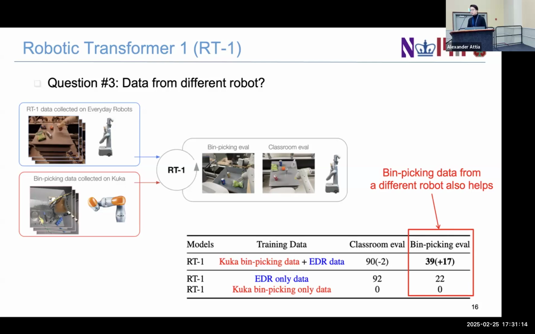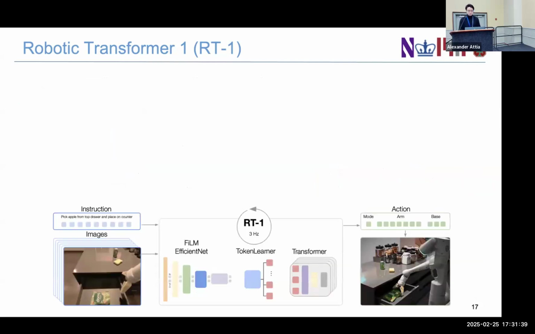So the distribution of the data really matters a lot. No matter whether you collect the data from simulation or from other embodiments, the main goal is really to have better coverage of what the robots might encounter in the real world. Those are some of the keys to understanding what type of generalization you might encounter from these so-called robotic foundation models.